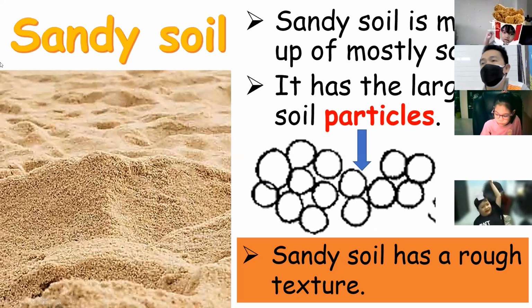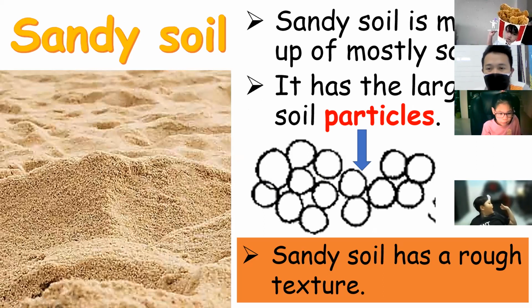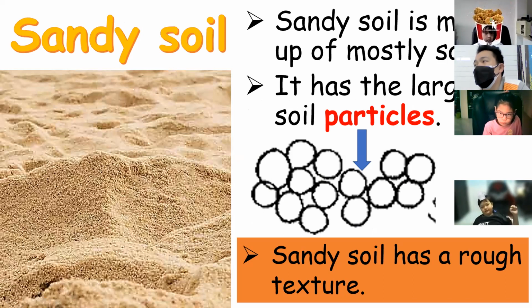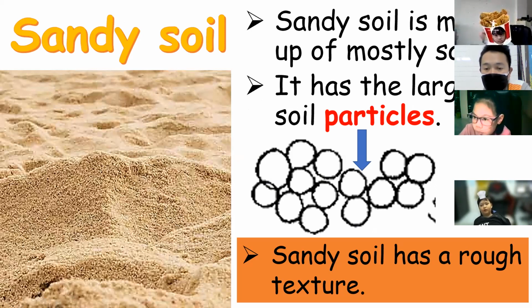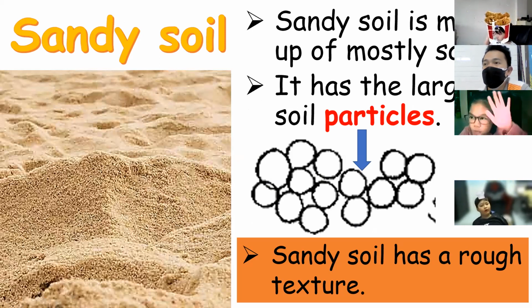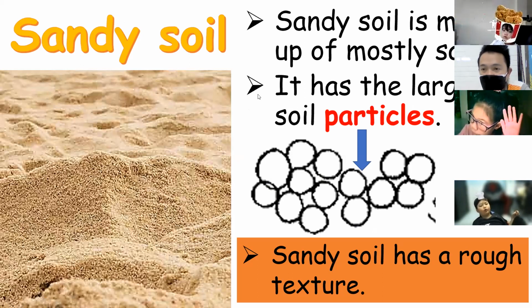Let us observe the different types of soil. So the first one is sandy soil. Now, where can you find sandy soil? Look.